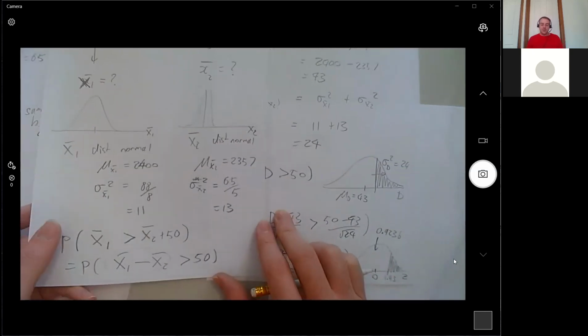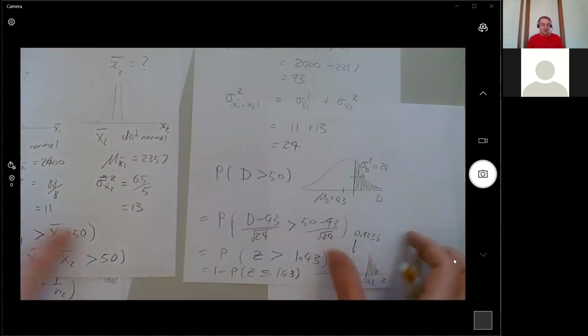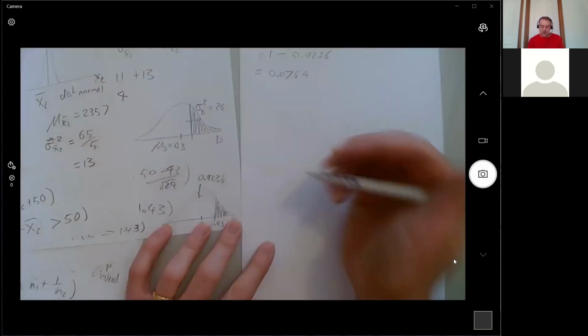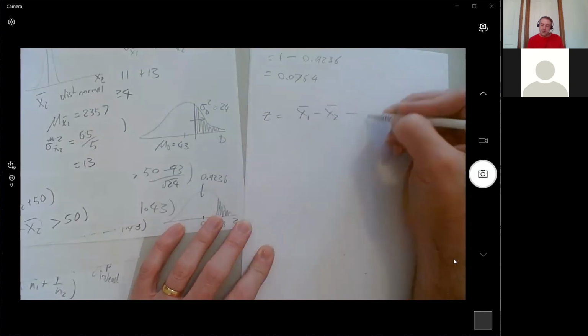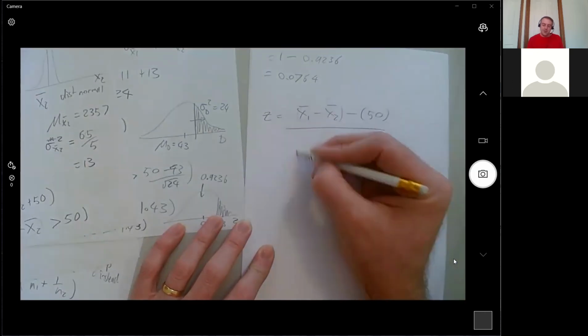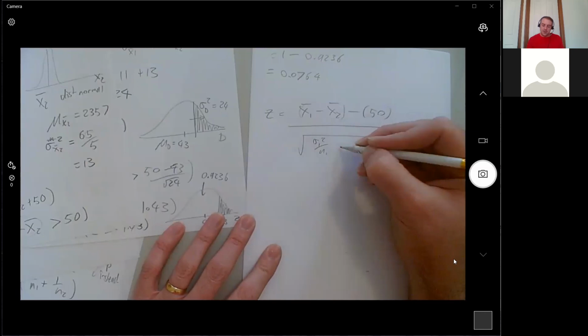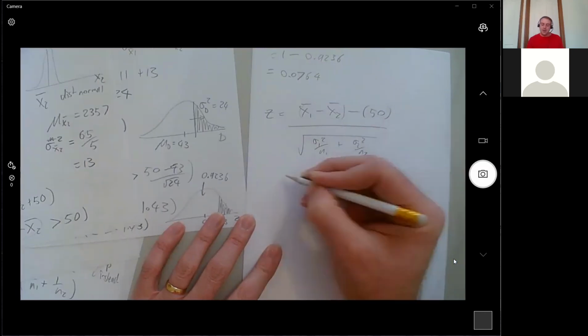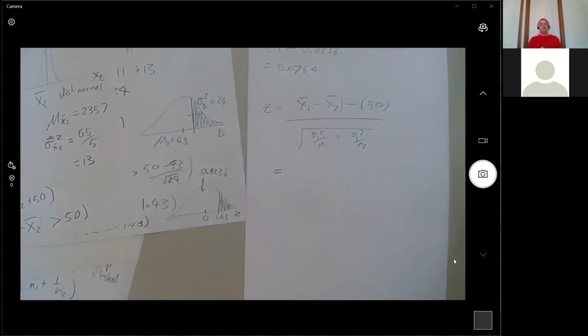But your lecturer jumped straight to here and called it Z. So in your lecturer's solution, they went, Z is x1 bar minus x2 bar minus the difference between them that we're looking for, over the square root of sigma 1 squared on n1 plus sigma 2 squared on n2, and calculated all that in one go, and then asked for the probability that Z was greater than 0, I guess.